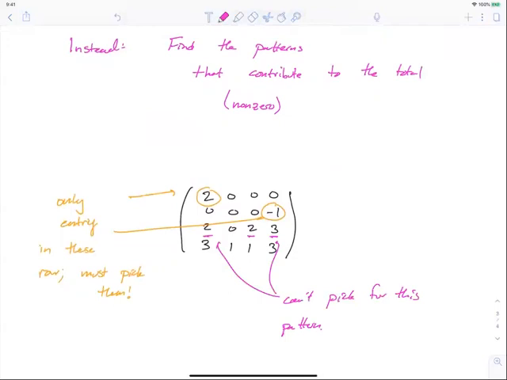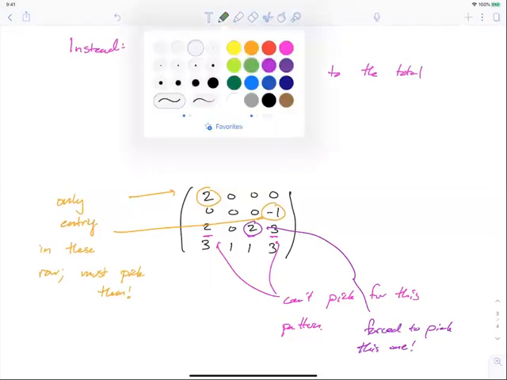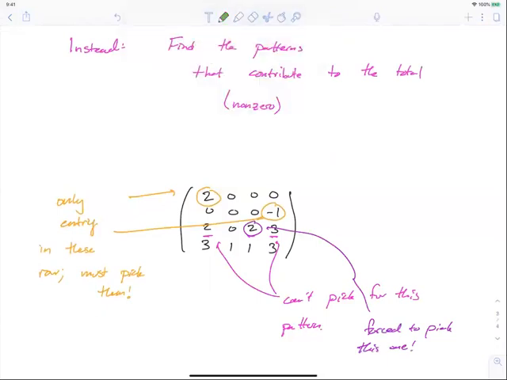So we have to pick this one. Right, and then for a similar reason, on the final row, we only have one choice. We have to pick this column for the final row. That one is forced.